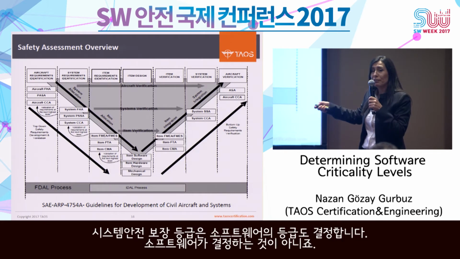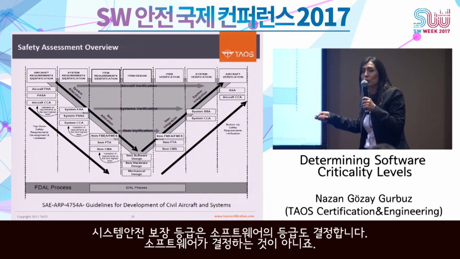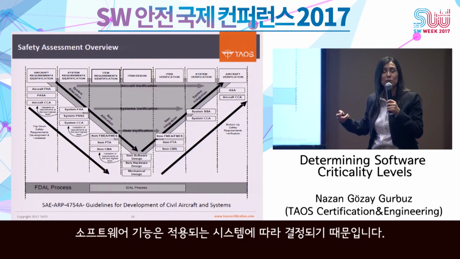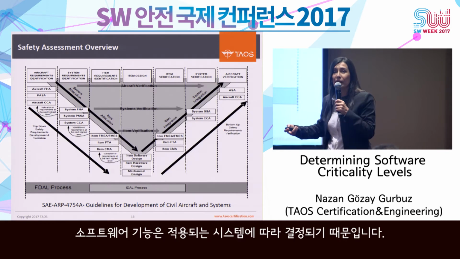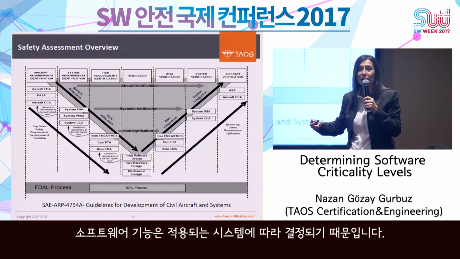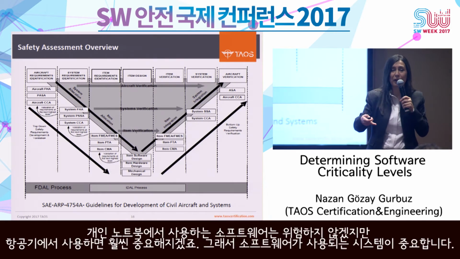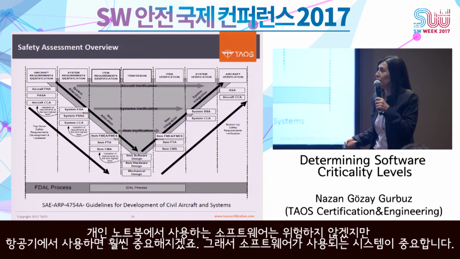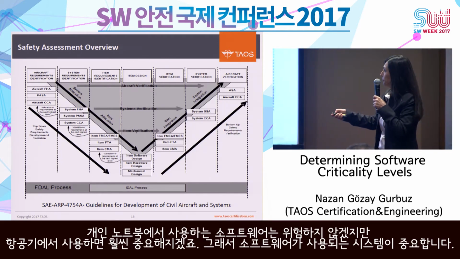Development assurance level and criticality flow down to software. Software cannot determine that because the function of software depends on the systems. It's application specific. If I use software on my laptop, it's not critical, but the same software on an aircraft is critical. The platform is important.